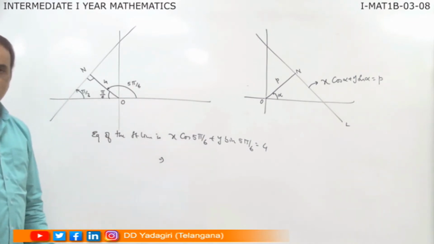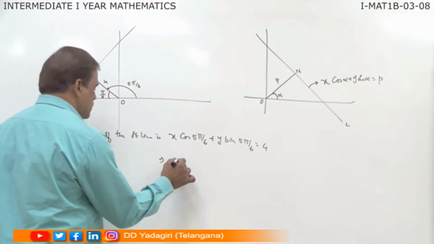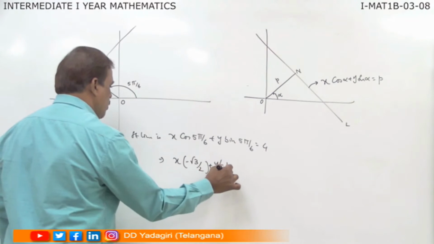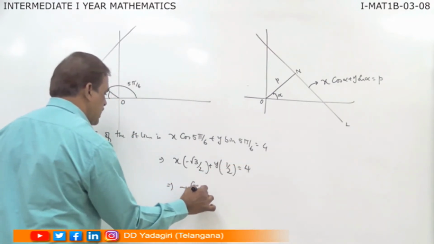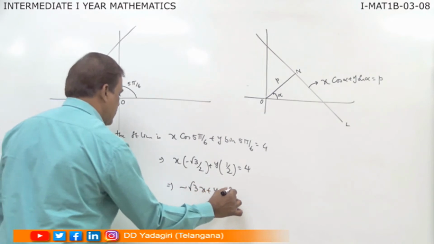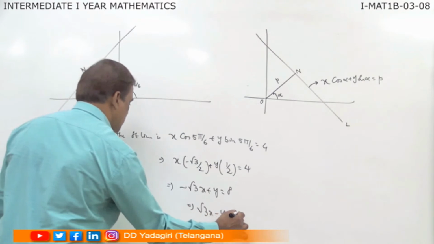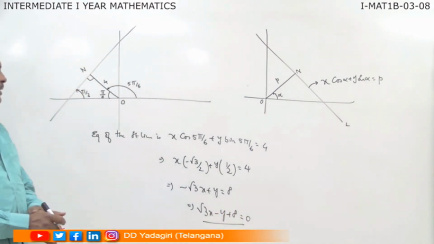Cos 150 is cos 180 minus 30, which is minus cos 30. This is x into minus root 3 by 2 plus y into 1 by 2 is equal to 4. This gives minus root 3x plus y is equal to 8, or root 3x minus y plus 8 is equal to 0. This is going to be the equation of the line.